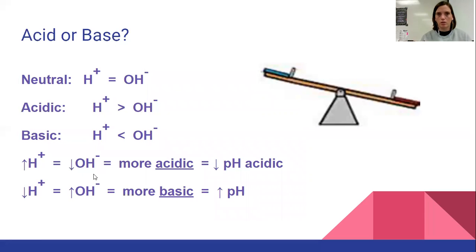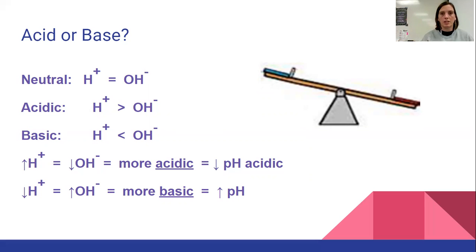So again, I know I'm repeating myself a lot, but hopefully the reiterating is helping you to remember. More hydrogen equals more acidic. Okay. More hydroxide is more basic. All right. And when it comes to the pH scale, the more hydrogen you have, the lower the number is going to be. Okay. The less hydrogen you have and the more hydroxide, the higher the pH will be.